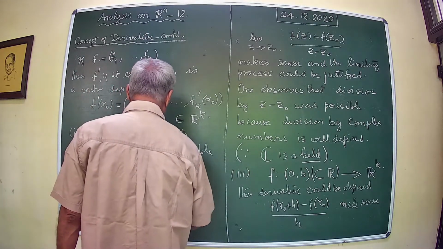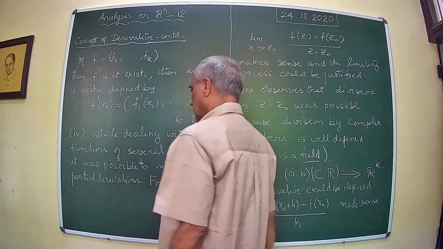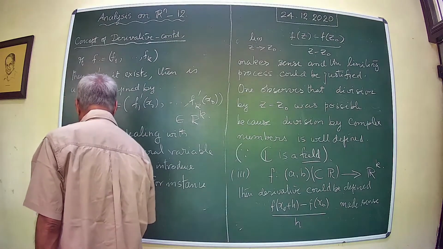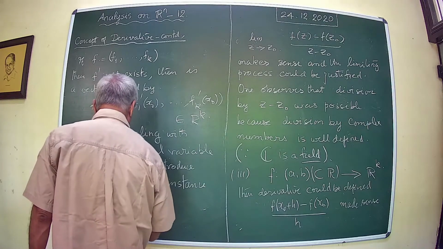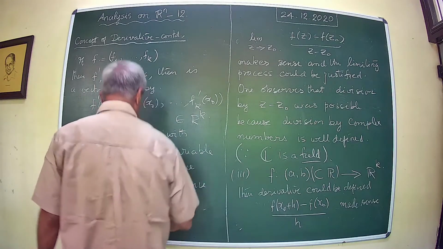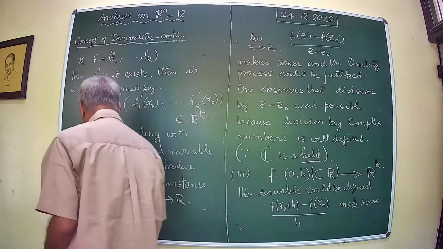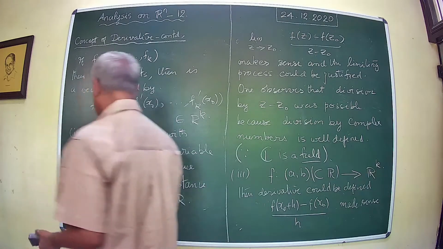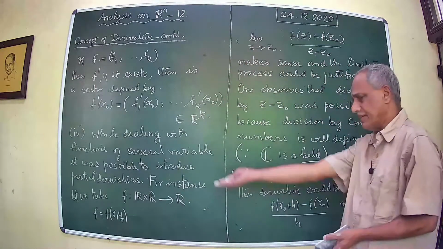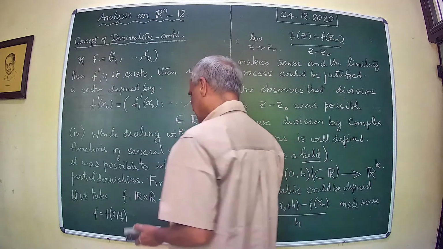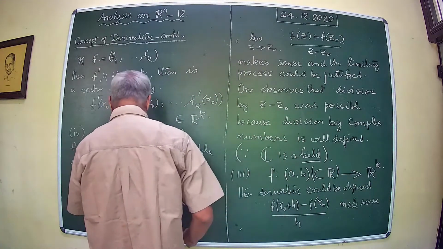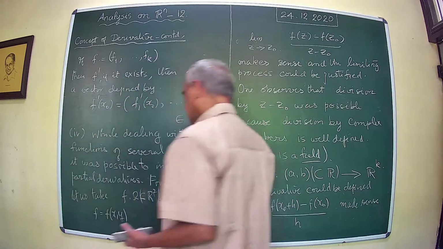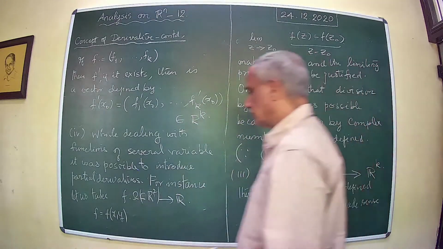For instance, let us take f defined from R cross R, or you can even say from some open set omega in R2, to R. Say f is given by f of x1, x2.